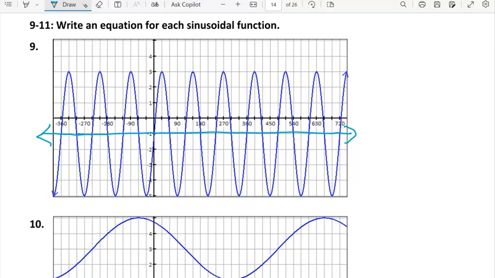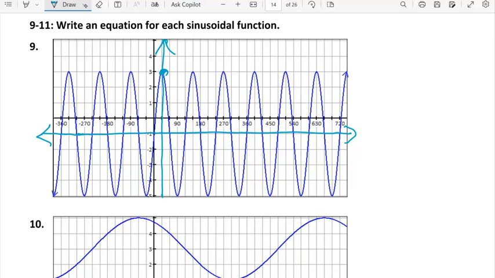Now, where we locate the new y-axis is something that can be done differently depending on how you think of it. So what I'm going to do is put my new y-axis right here, and the reason that I'm doing that is that's at a peak, and a peak would be the start of a cosine function.